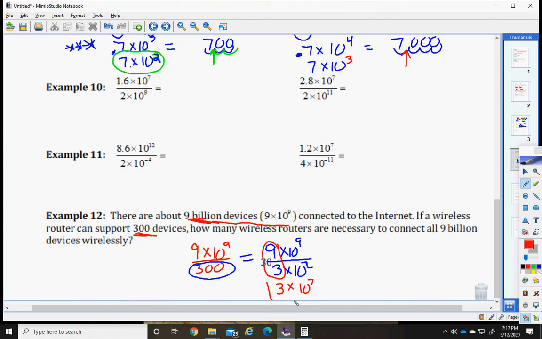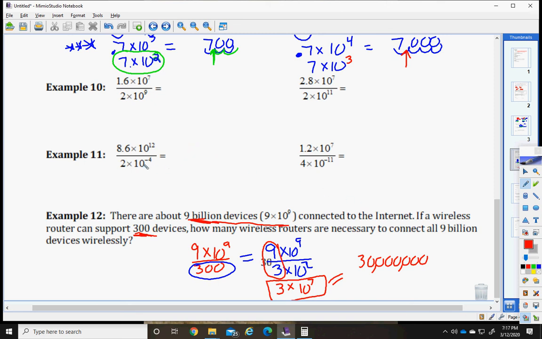So that's how many wireless routers I need in order to connect all 9 billion devices. So how many wireless routers is this? 30 million routers for 9 billion devices.